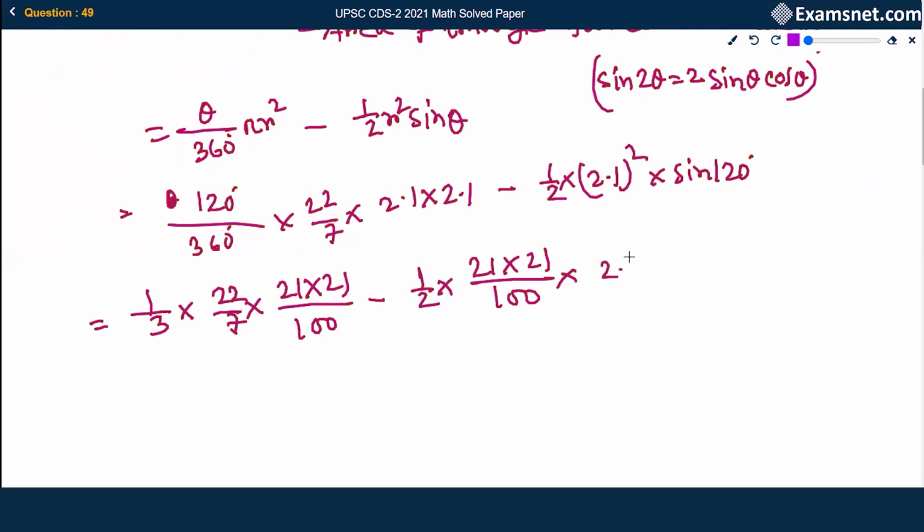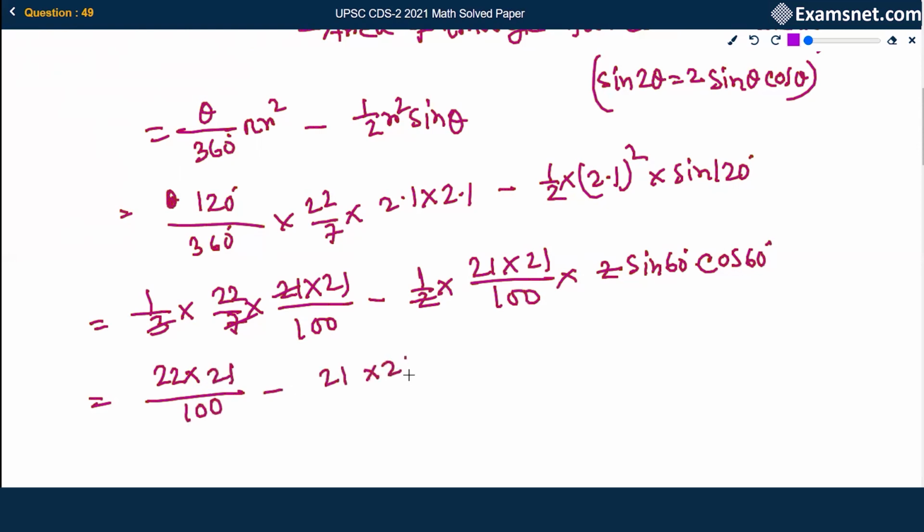So it can be written as 2 sine 60 degree cos 60 degree. Here we can see 21 got cancelled, this 2 got cancelled. So we can take it as 22 multiplied by 21 by 100 minus 21 multiplied by 21 by 100.